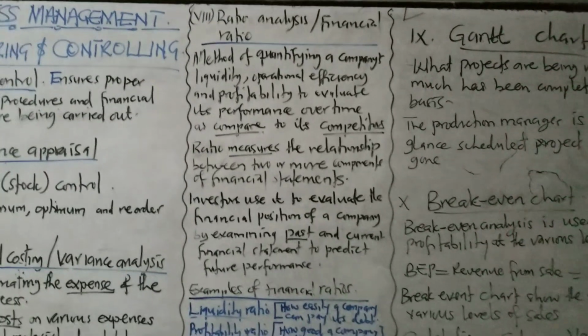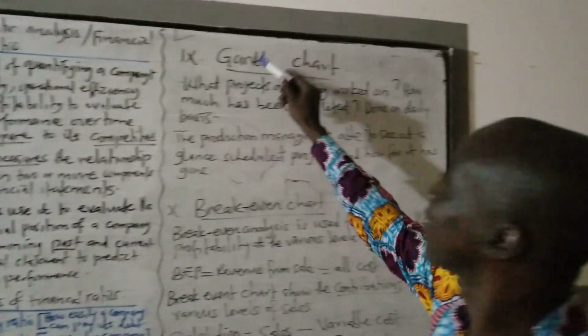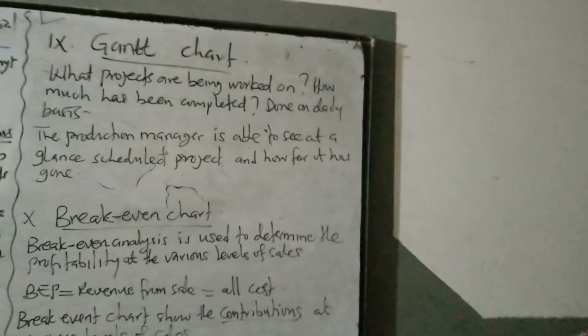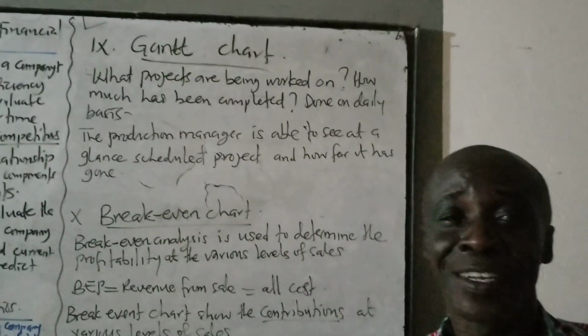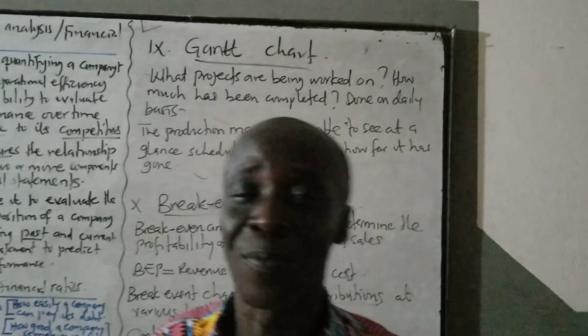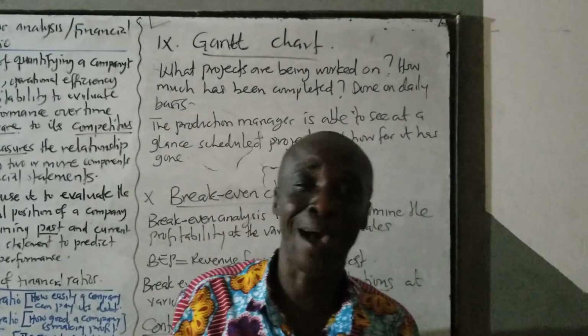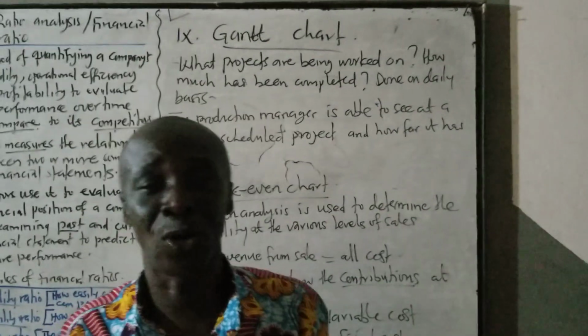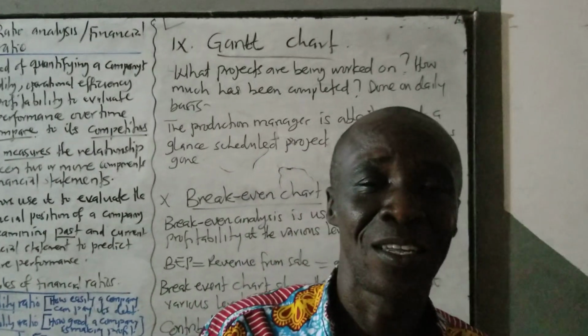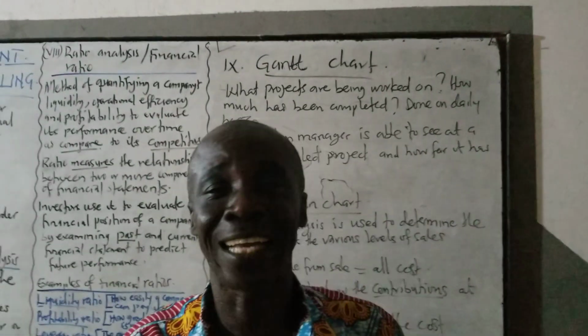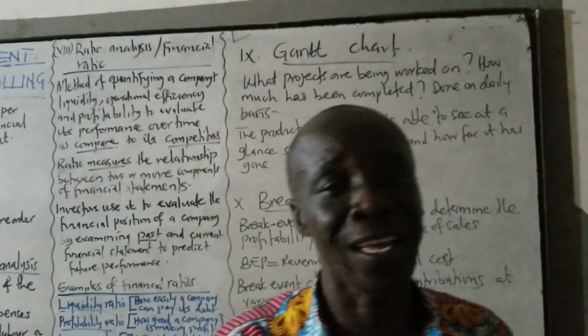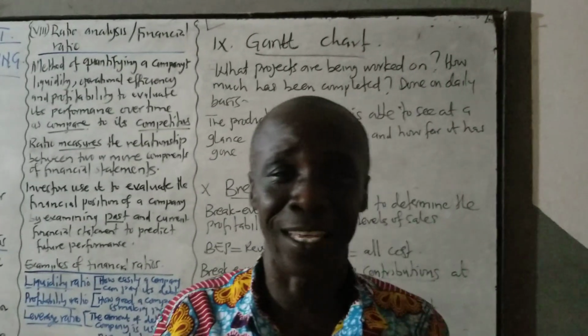Then the next one is Gantt Chart. Now this man, you already know him. When we are talking about whether management is art or science, we realized that he was a scientific management advocate.